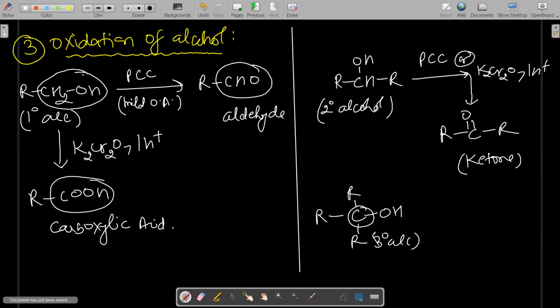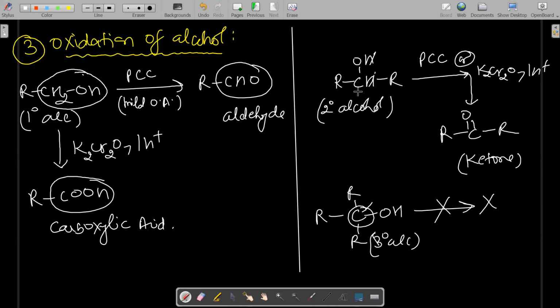So whether you take PCC, K2Cr2O7 or KMnO4, it cannot oxidize. So tertiary alcohol does not oxidize because of absence of hydrogen here. Okay, no hydrogen. Here is loss of this H and this H.